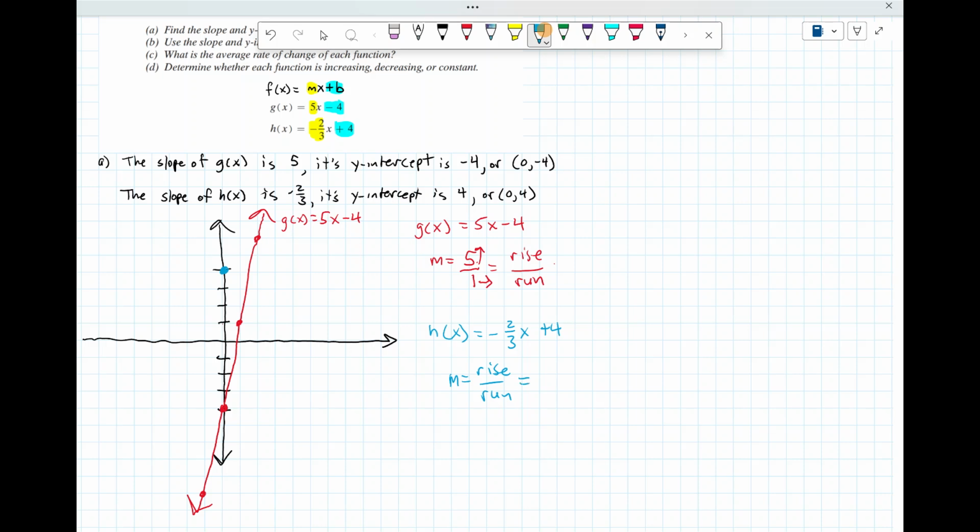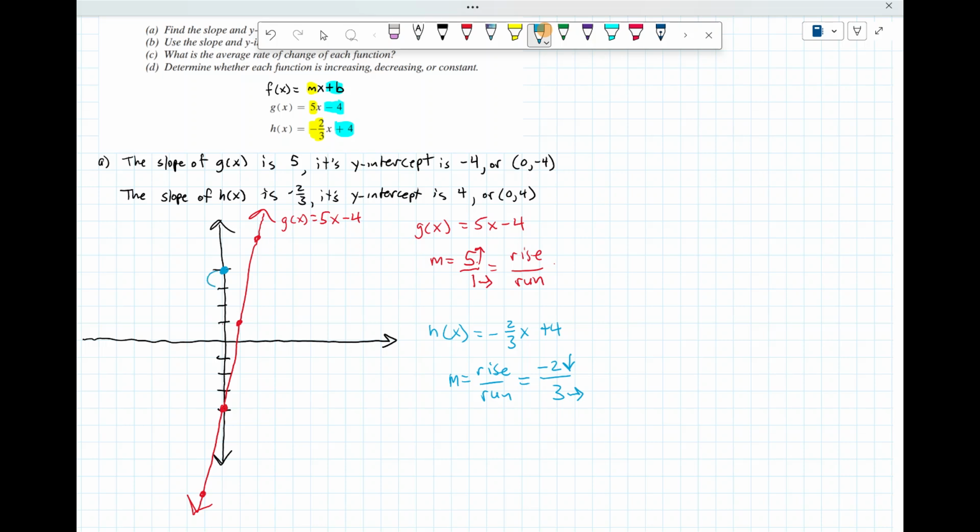What I like to do is move that negative to the numerator, or the top of that fraction. And that tells me if I have a negative in the top, remember the top is the rise, that means I'm going to go down if it's negative. Look, in the previous example it was positive, so I went up. The bottom is positive, so I go to the right, and this is telling me I'm going to count down 2 and over 3 to find my next point.